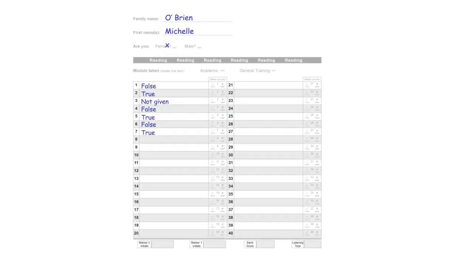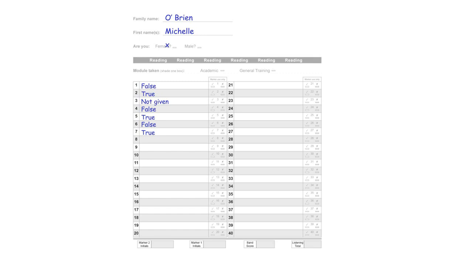It says that studies demonstrate that vegetables grown in season and ripened on the tree are far higher in essential nutrients than those grown in greenhouses and ripened by laser. So we can see from reading this that statement 7 is true. So on your answer sheet, write true for the 7th answer.